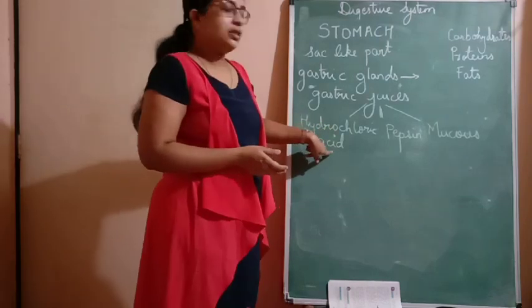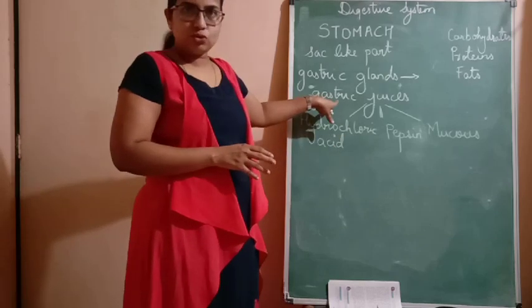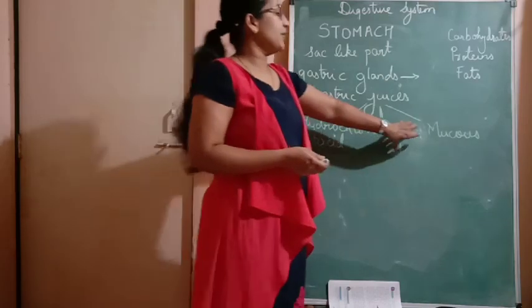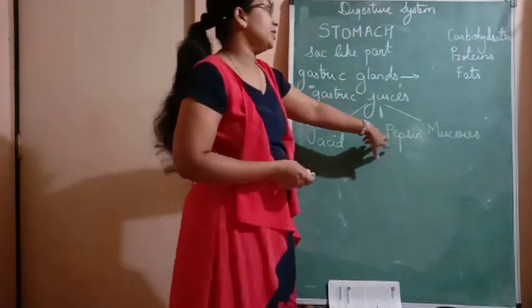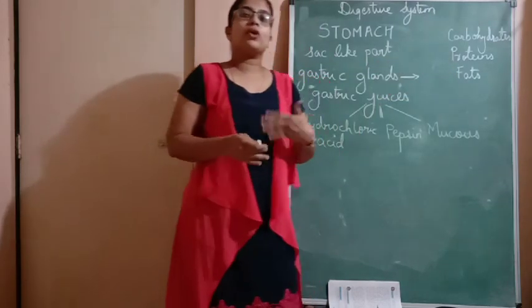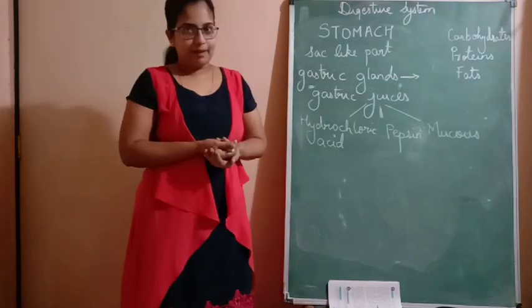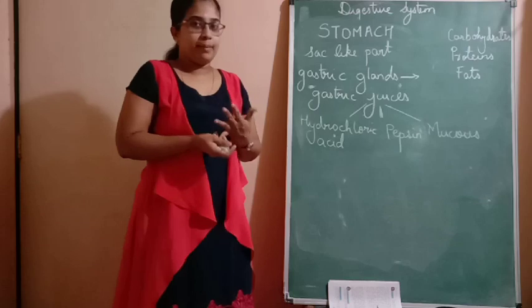The next one is pepsin. Pepsin breaks down proteins into simpler forms which can be easily absorbed by the body. Proteins are basically broken down into amino acids.